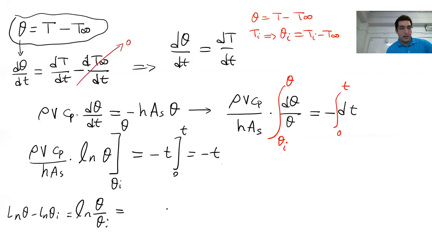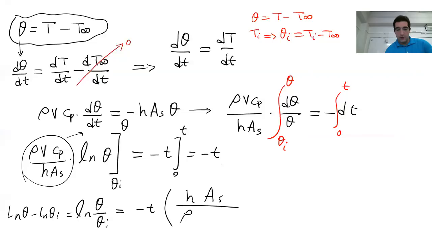And on the right-hand side, I have minus t. Also, I'm going to bring this constant to the other side, which becomes hAs over rho V Cp. Almost there.